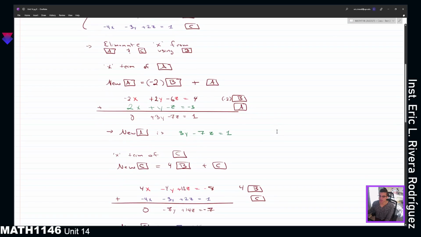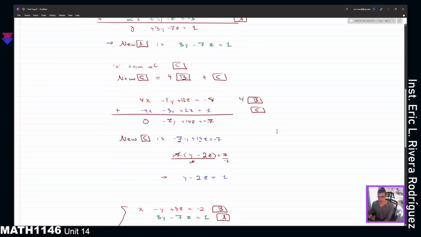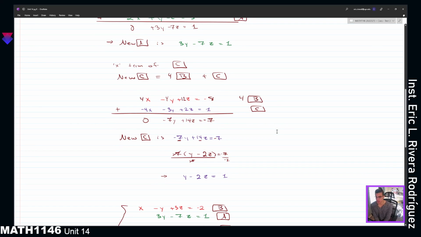Then I proceed to eliminate the x term from C using B. In this case, the modification I did is multiply B by 4. Then I add it to C. So the new equation C was -7y plus 14z equals -7.